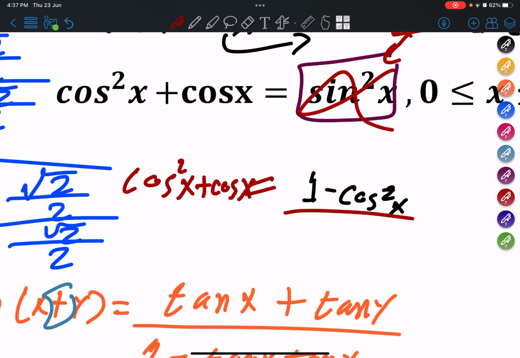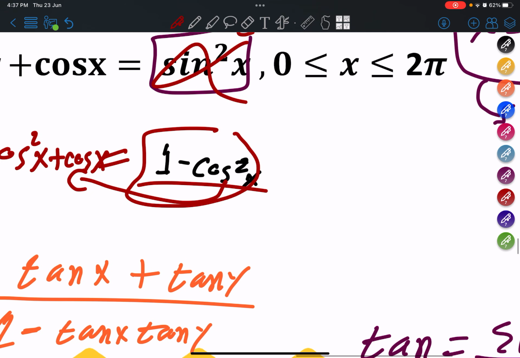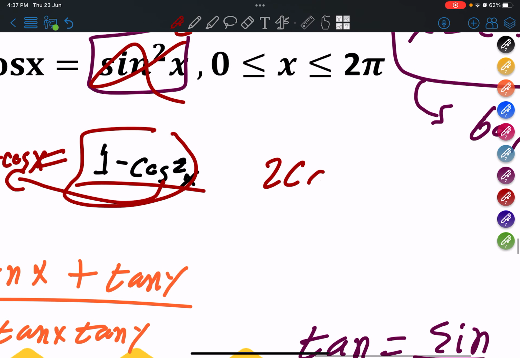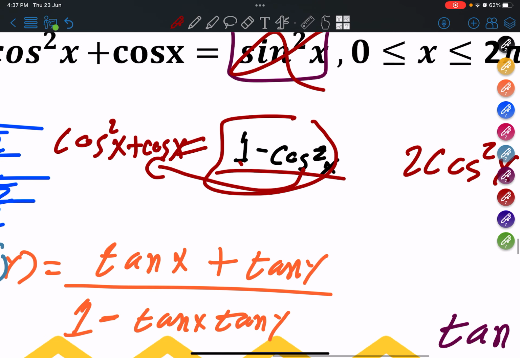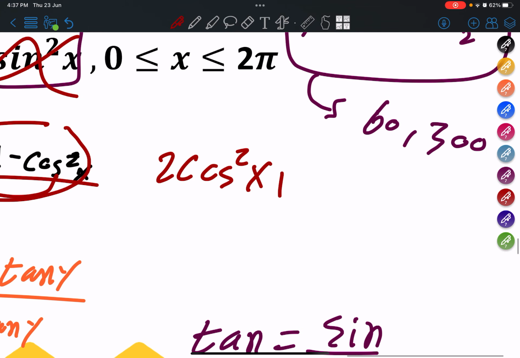Okay, so we can put both of these values to the other side. Cosine squared x, we put it to the other side, that being negative. It will give us 2 cosine squared x, and then positive 1 we'll put to the other side, so it'll be plus cosine x minus 1 is going to equal 0.